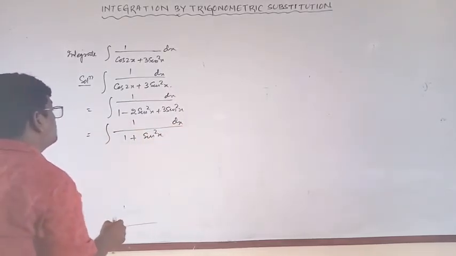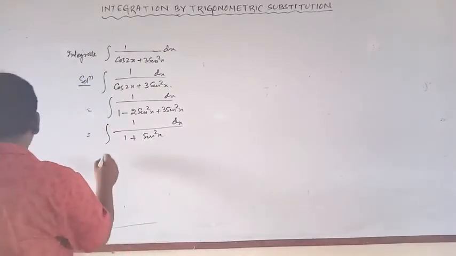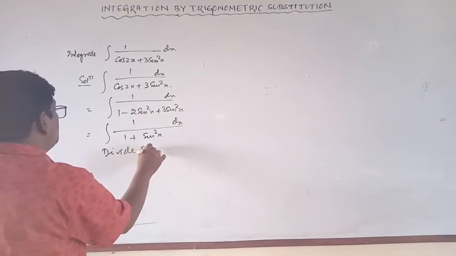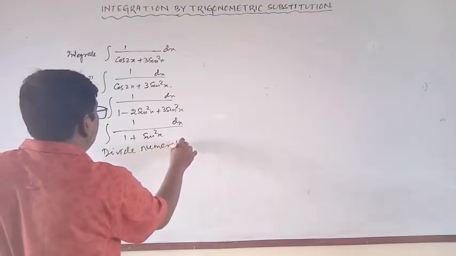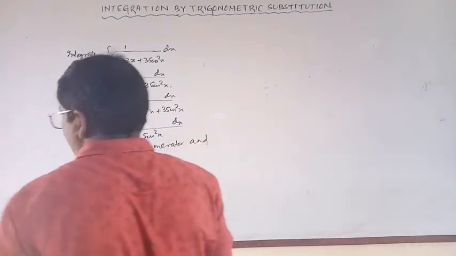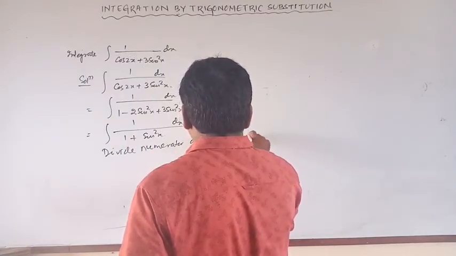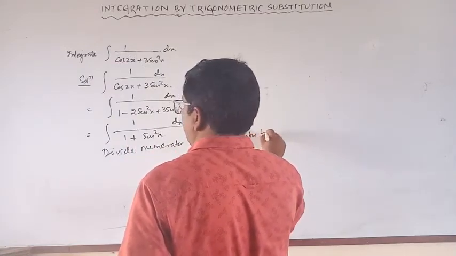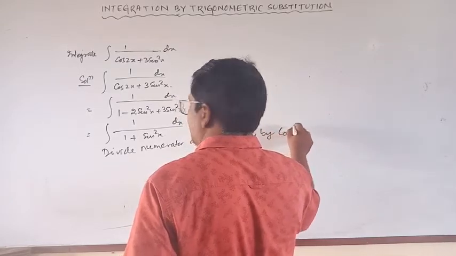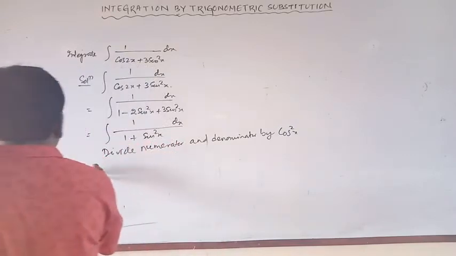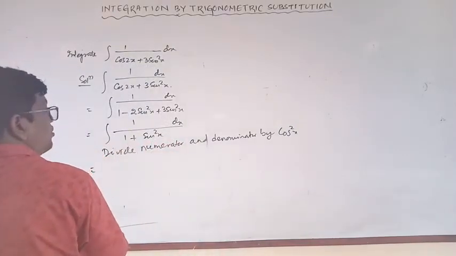So divide numerator and denominator by cos square x. So what happens here? This is equal to 1 by cos square means what?